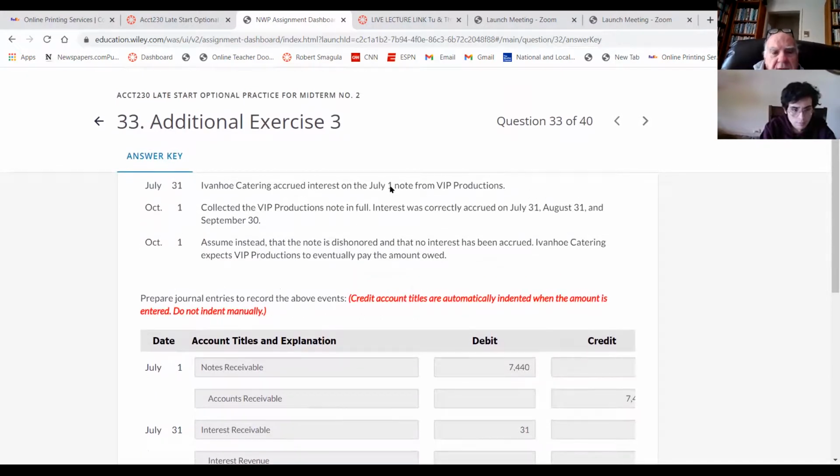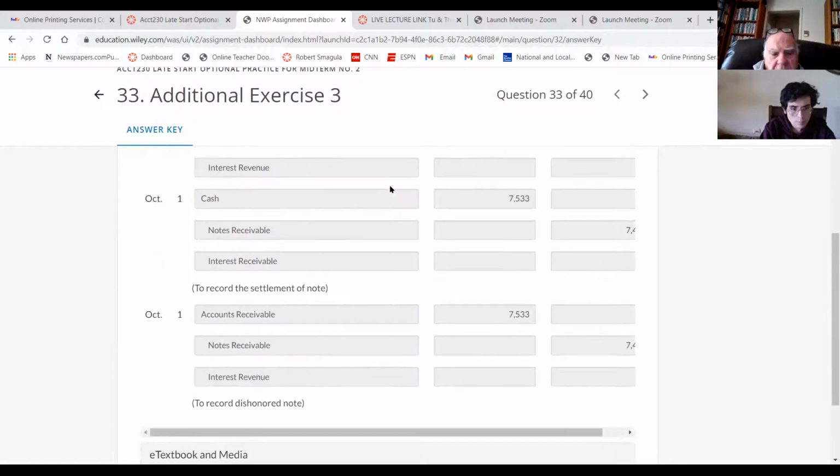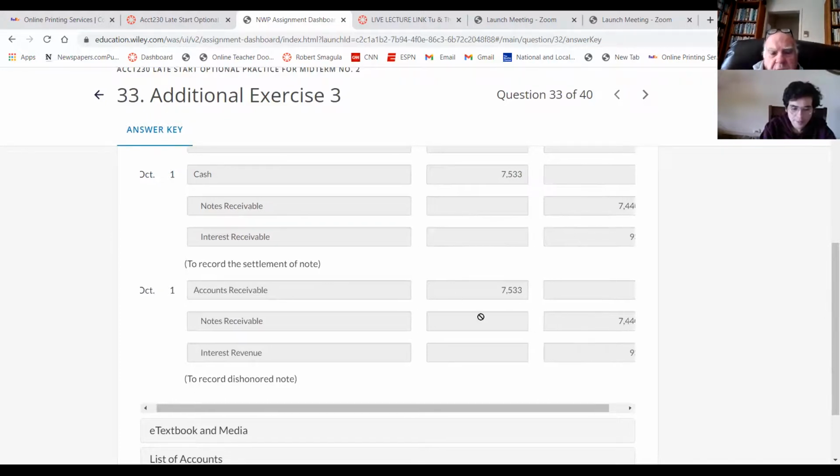Now, collected the note in full. The note was 7,440. They're not showing you the whole entry here, but they paid us cash, and we credited the notes receivable plus the interest receivable. Here they're saying, what if they don't pay us? Well, then you just got to turn it back into accounts receivable.